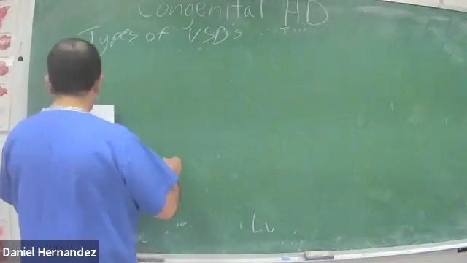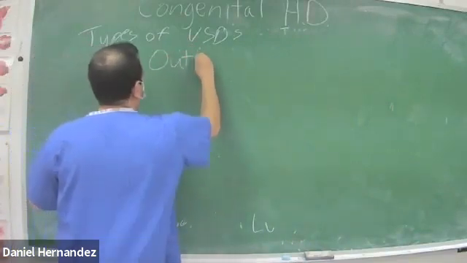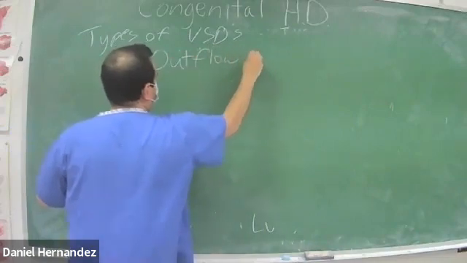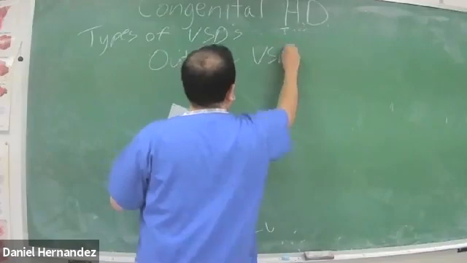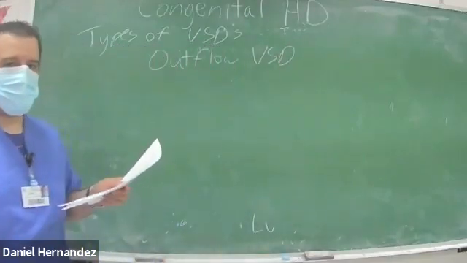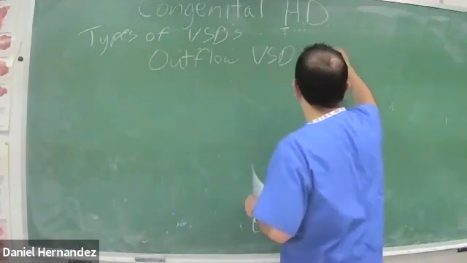So the next VSD we can have is an outflow VSD. Outflow can also be called an outlet VSD.